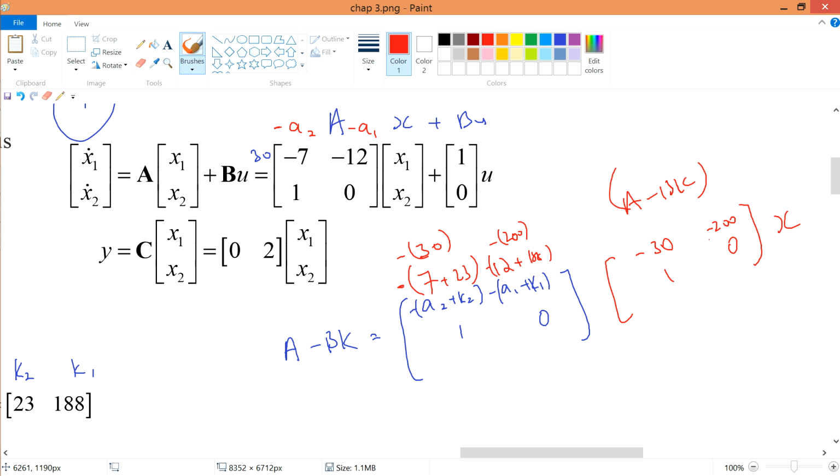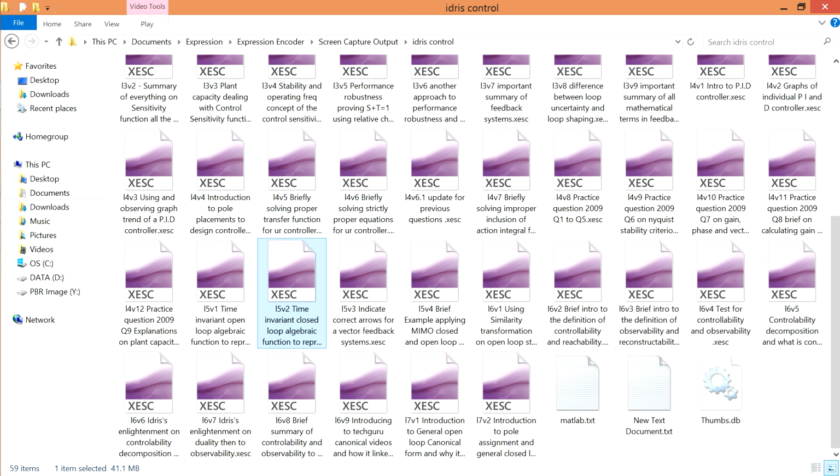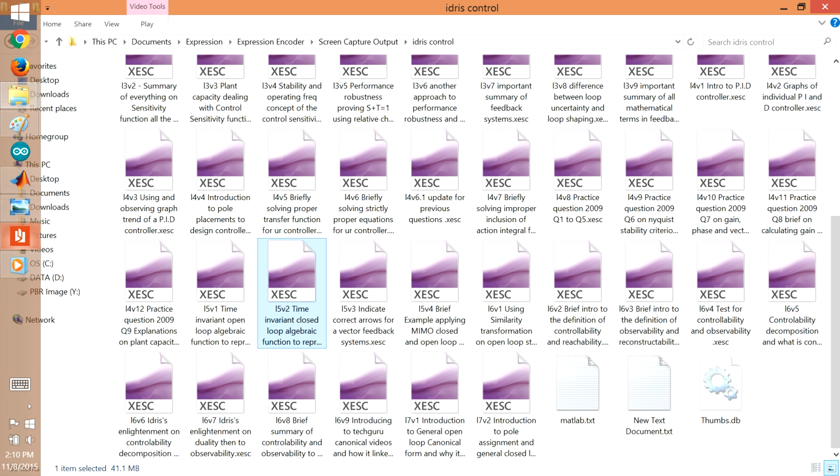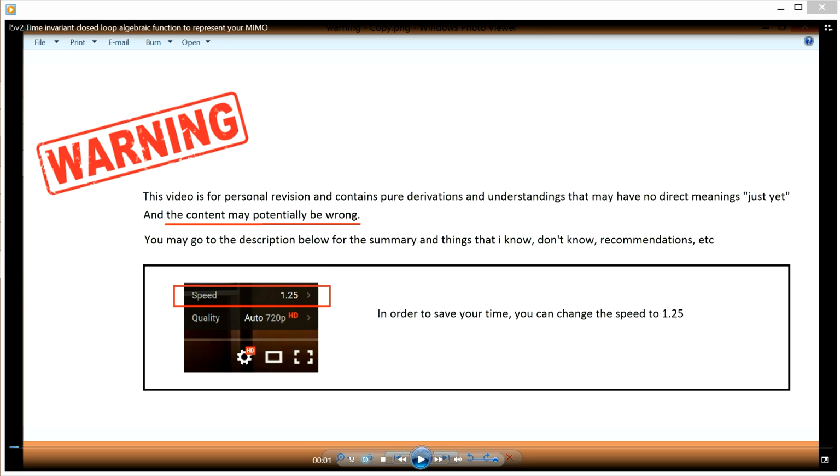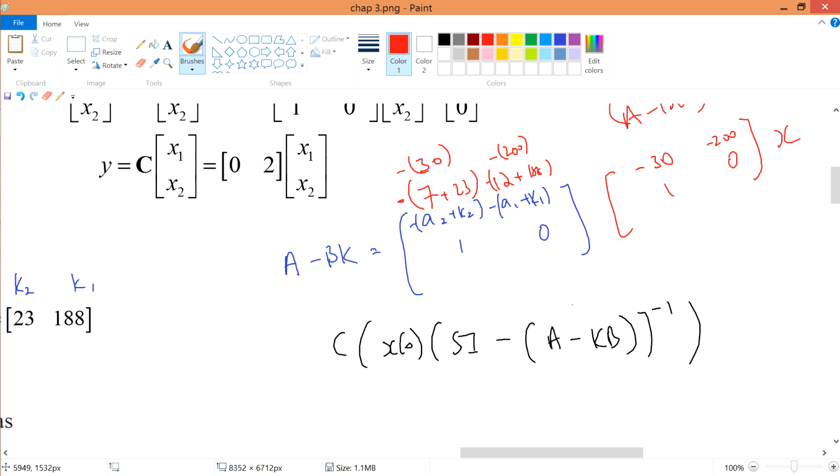Okay? And then if you were to apply your closed loop, you can go to l7v3 and watch this video for the closed loop system. I actually take it from there. And from there we have proved to you that your closed loop transfer function can be written from this.